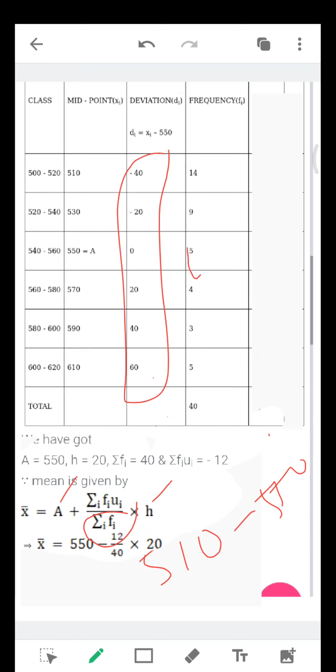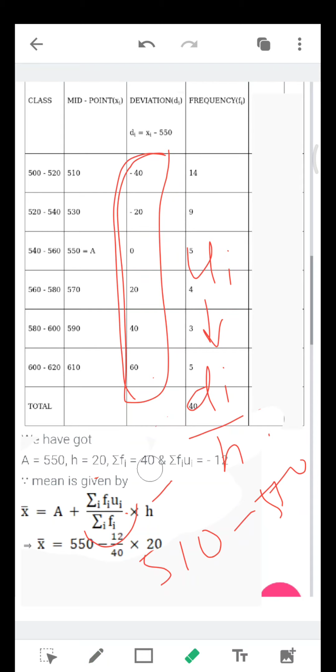So ui will be, for finding ui, you have to do di by h. So what is our di? Di is given here. This is our di value, and h is 20, as just now I said you. The h value is 20.